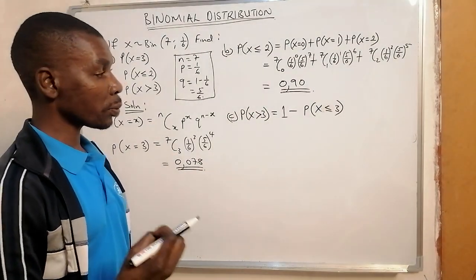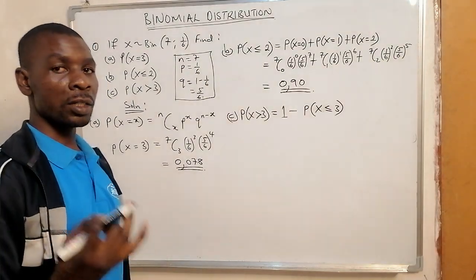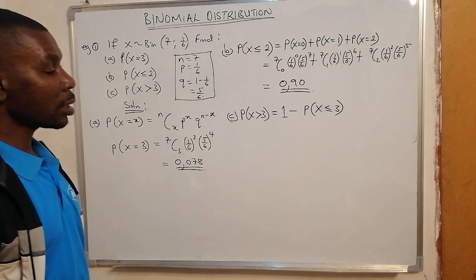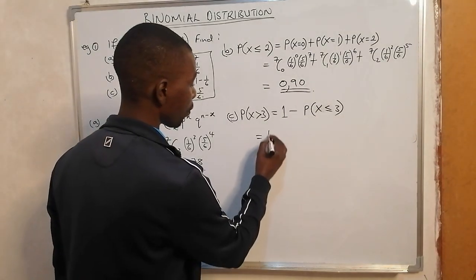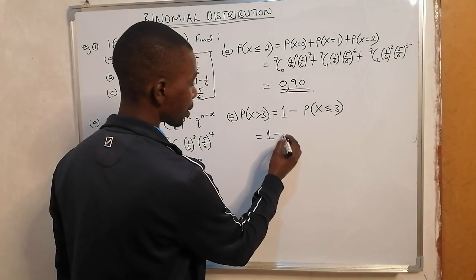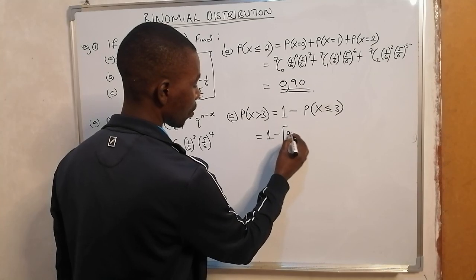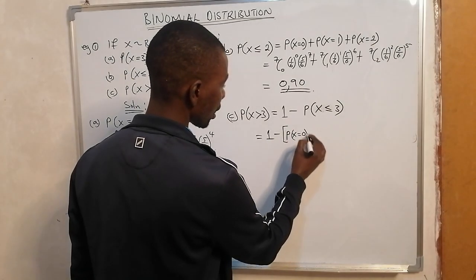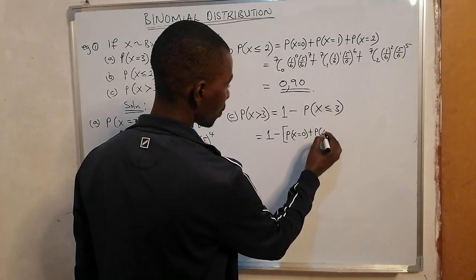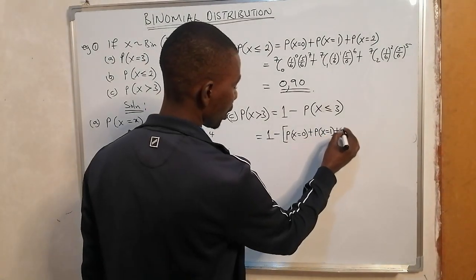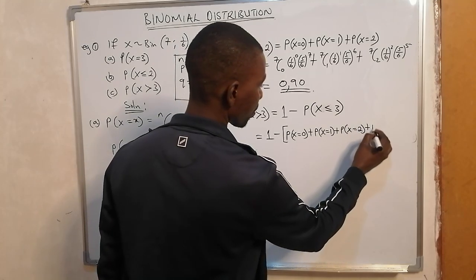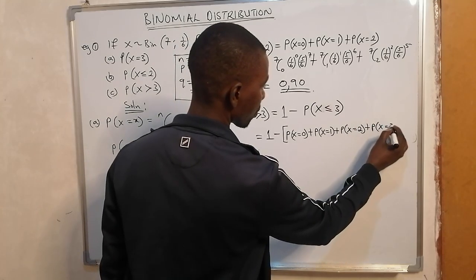In this case, we don't want P of X equals 0, 1, 2 up to 3. We want 4 or more, right? So in this case, we have 1 minus probability of X equals 0 plus probability of X equals 1 plus probability of X equals 2 plus probability of X equals 3.